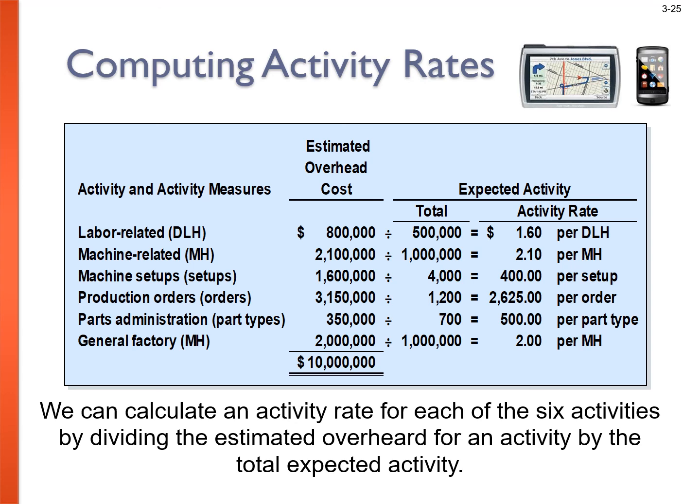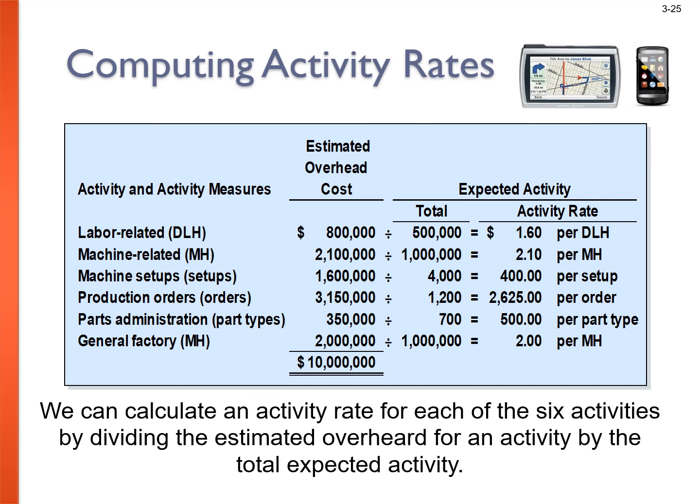Machine setups will cost 1.6 million. We divide that by the number of setups expected, 4,000. So the activity rate per setup is $400. Production orders, they will cost $3,150,000. There'll be 1,200 of them in total. So each order will have manufacturing overhead associated with it of $2,625.